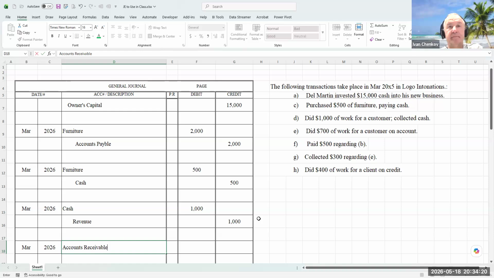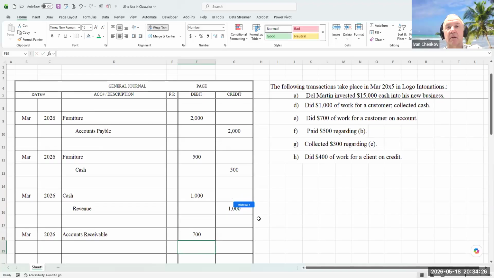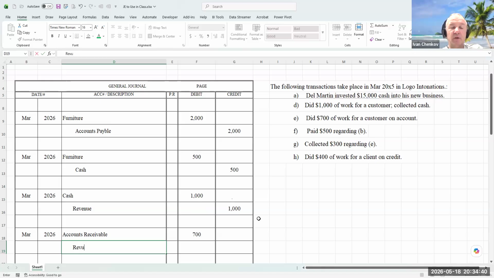How much? $700. Why do we have accounts receivable? Because the client for whom we provided the services didn't pay. Why does he have to pay? Because we provided the service, which for us is revenue. And how much revenue did we provide? $700.